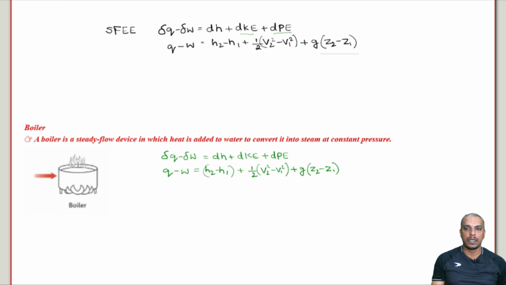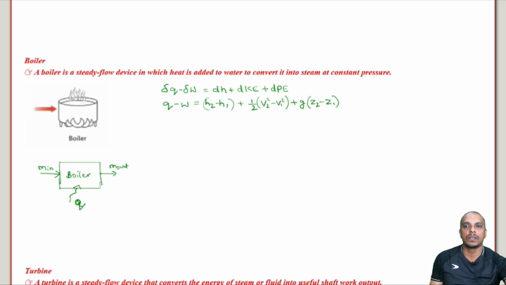So, in a typical boiler, heat is being supplied, you have inlet as water, which is mass coming in, and steam is going out. So, let us start with the general equation as we already know.